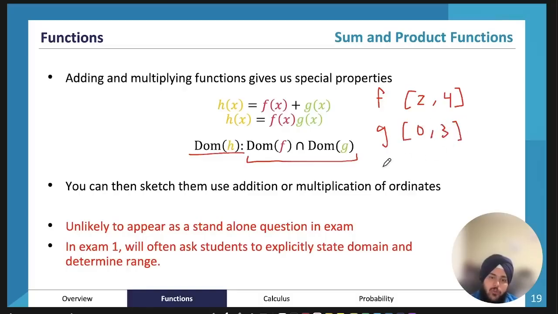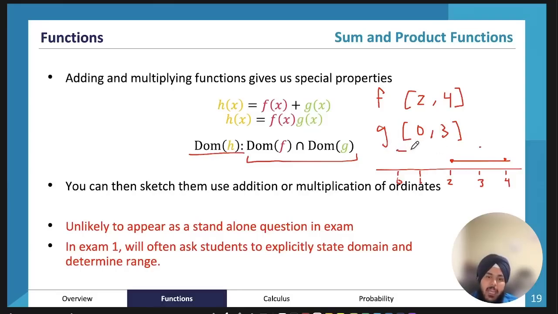Now if we just draw a quick number line, we have 0, 1, 2, 3, 4. So function f can only take values between 2 and 4, whereas g can only take values from 0 to 3.